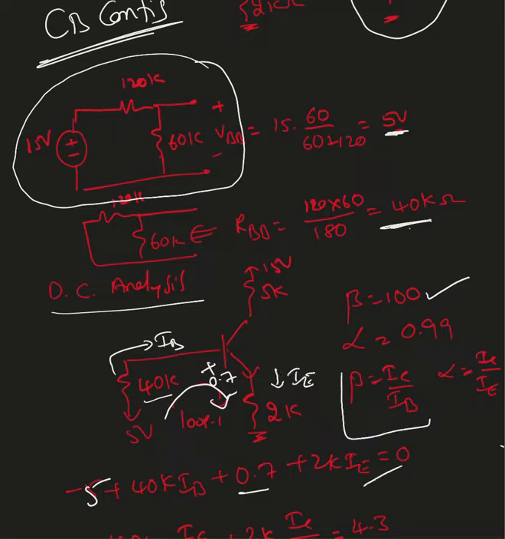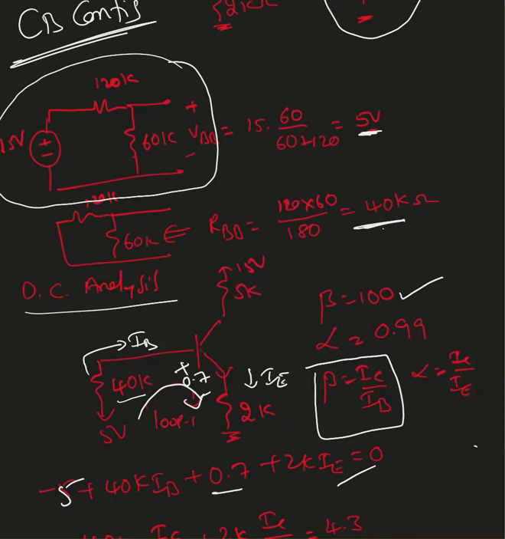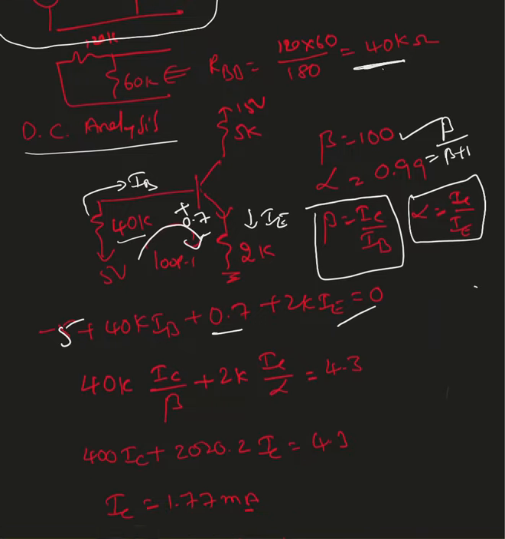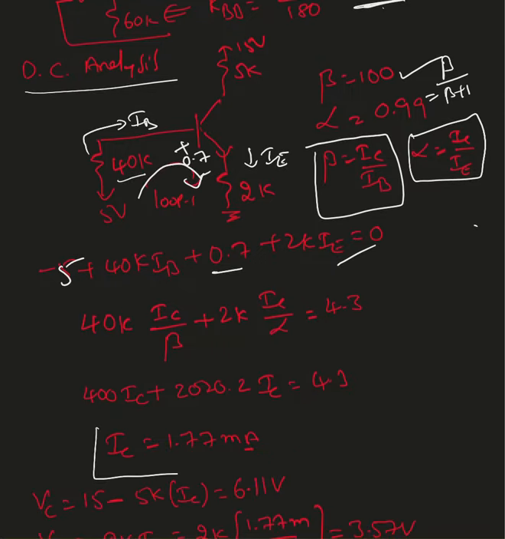We know that beta is IC over IB, alpha is IC over IE. We know beta, so alpha must be beta over beta plus 1. Based on this, I found alpha, and based on that, I ended up finding the IC value as 1.77 milliampere. This is the current we needed to proceed with AC analysis.